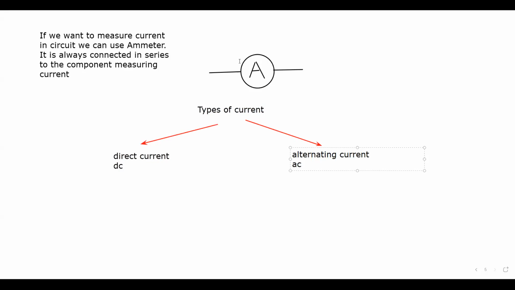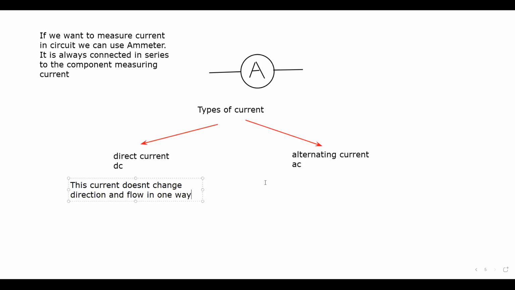In short, you can say AC. What is a direct current? The direct current does not change the direction and flows in one way.